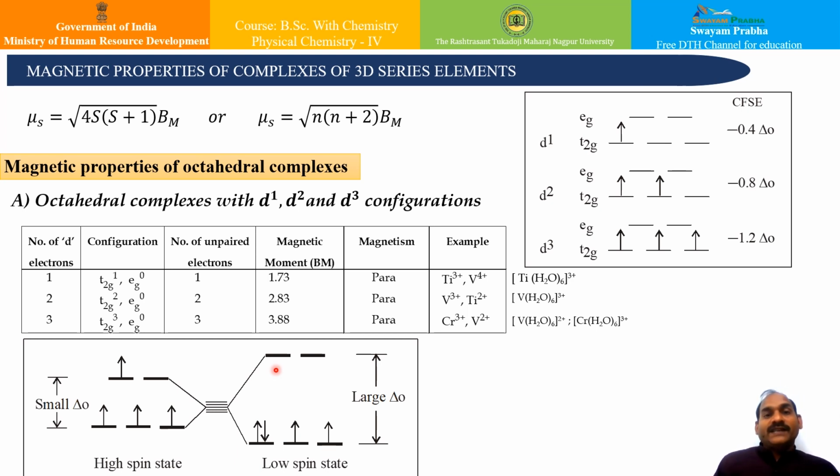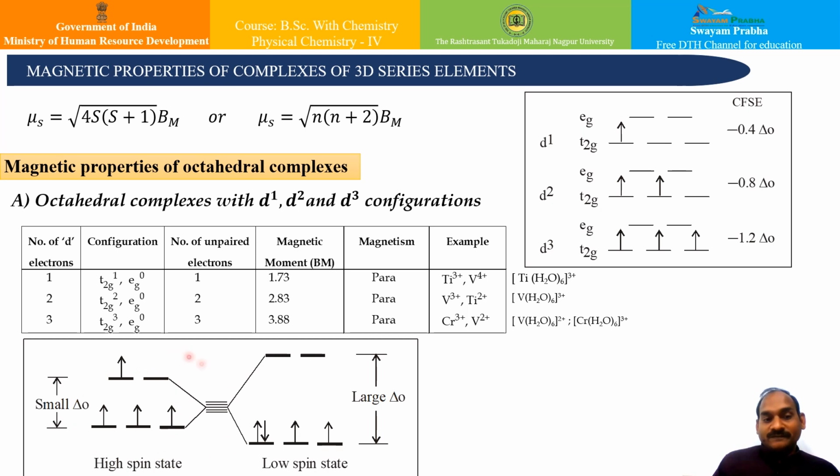Number one is the case where my ligands are weak. In such a case, due to the weak field ligand, the crystal field splitting is less than the pairing energy. Therefore, the electron will go to the higher energy level and remain unpaired, so a high spin complex will be formed.